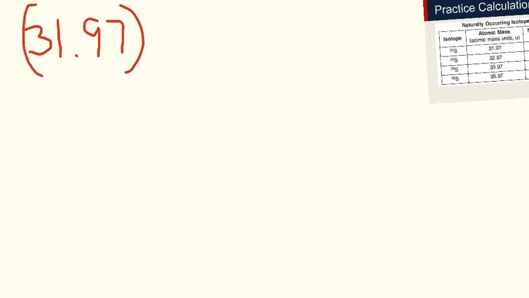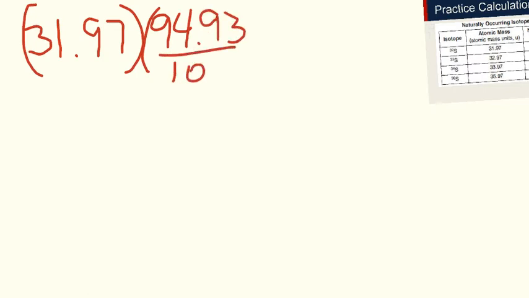Now, sometimes on the AP exam they'll write, instead of the fractional abundance, they'll actually show the percent, and they will show that it is divided by 100. So sometimes you'll see that on an exam-style question. We could do 0.9493, or we could show 94.93 divided by 100.